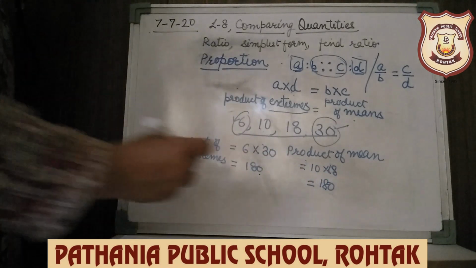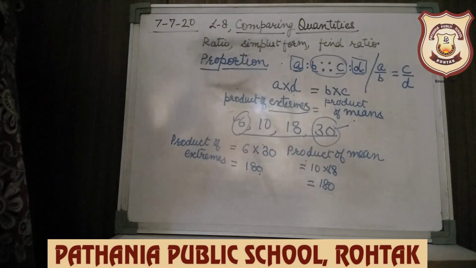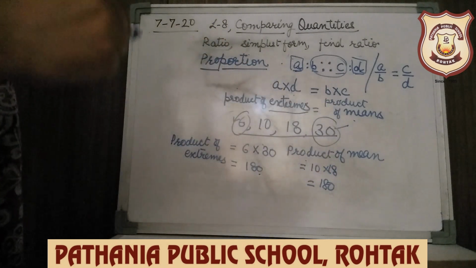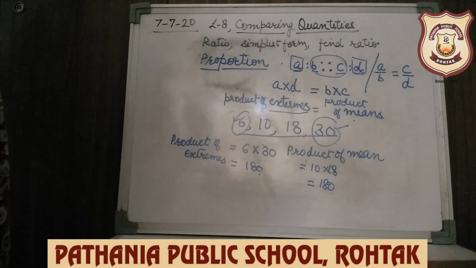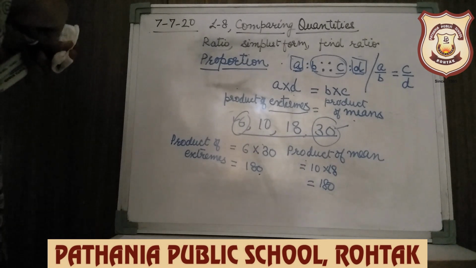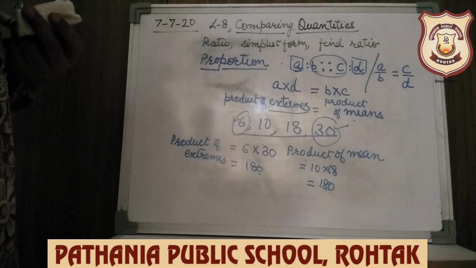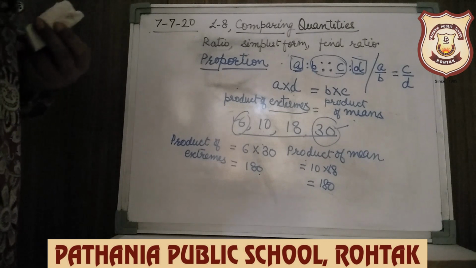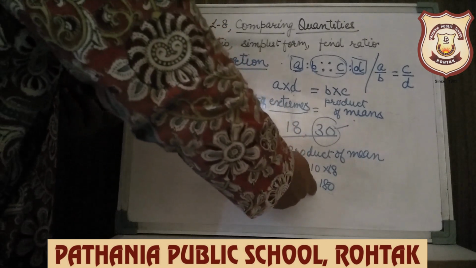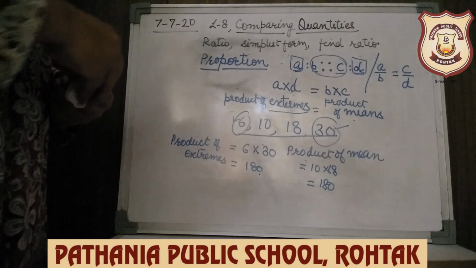So you will write 6, 10, 18 and 30 are in proportion. You cannot change the order. If you change the order, it will be wrong. Understood? So in this manner you will find out whether the given quantities are in proportion or not. If the product of extremes is not equal to the product of means, then they are not in proportion.